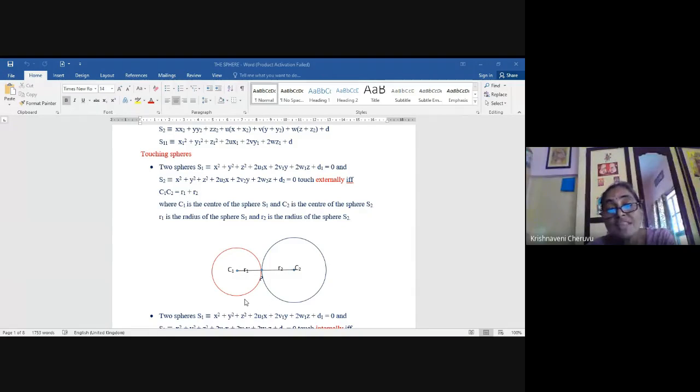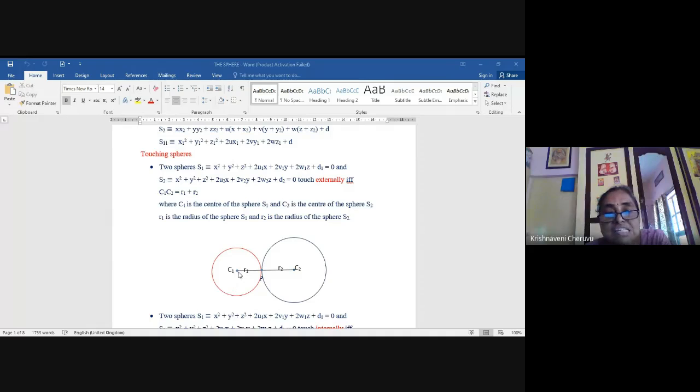But while doing the problem, how will you identify? For the first sphere, you find the center and radius. For the second sphere, you find the center and radius. In the first lecture, I discussed finding centers and radii. After getting them, the first sphere center is C1, the second sphere center is C2.